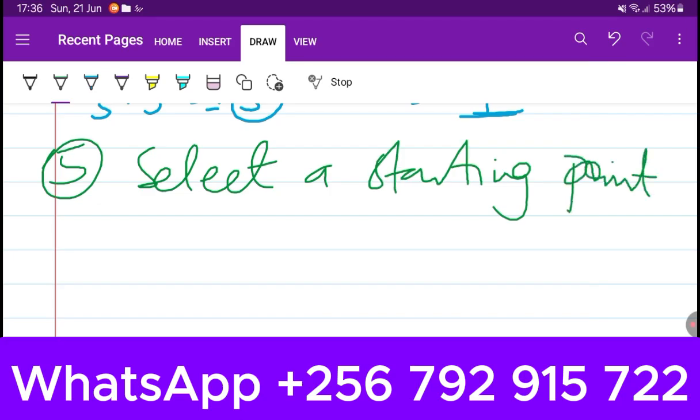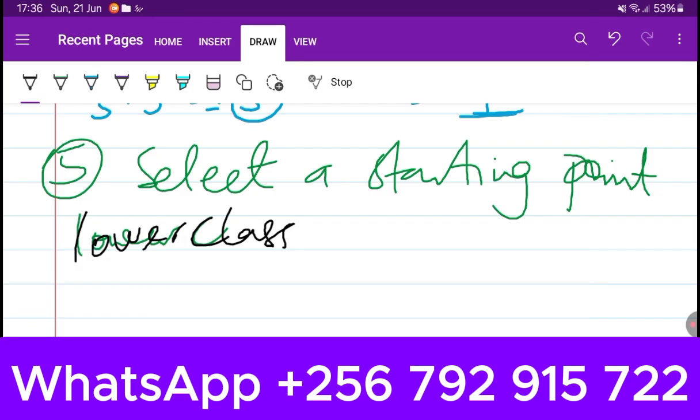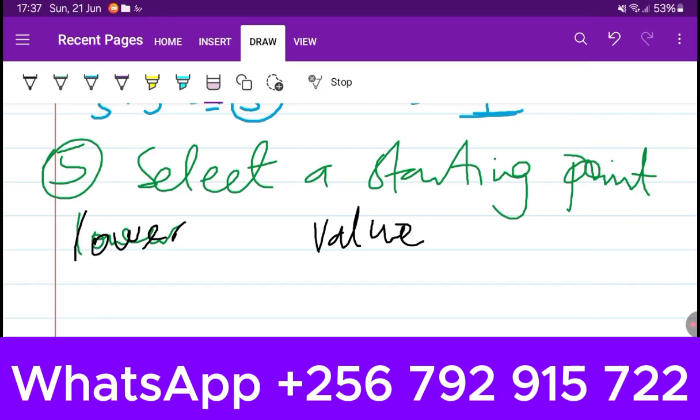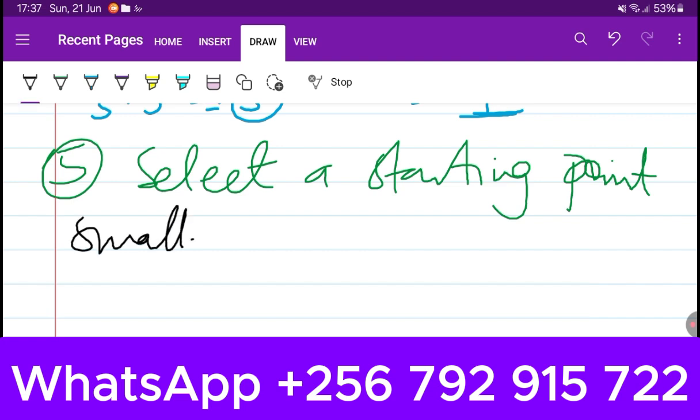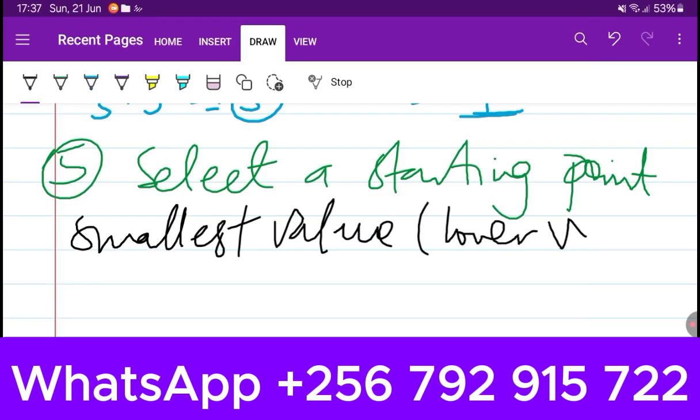Usually we always take the lower value, not even the lower class, because the classes are not yet formed. We are still forming them. So we always take the lowest or the smallest value to be the starting point.